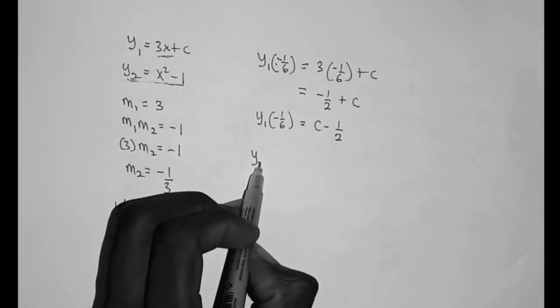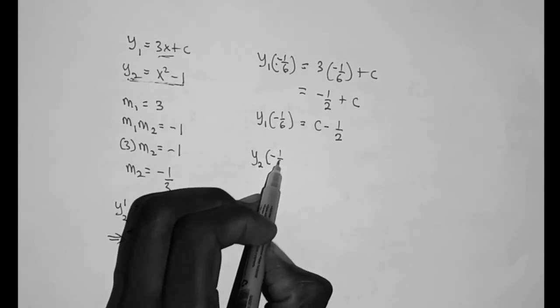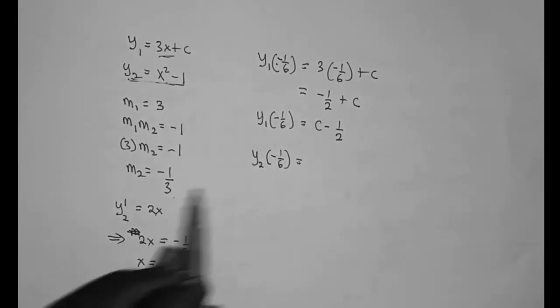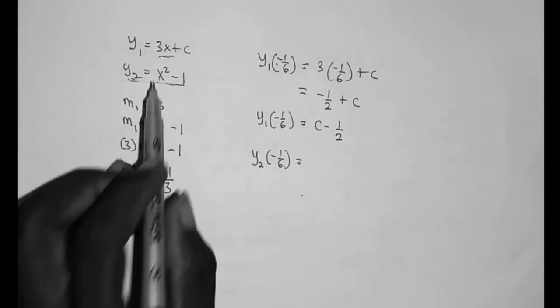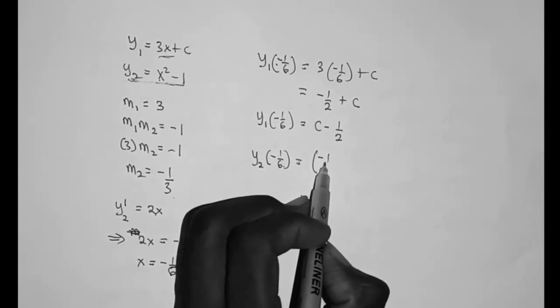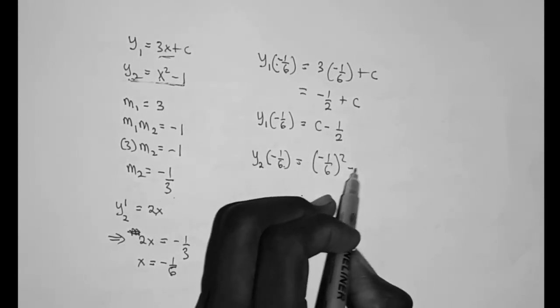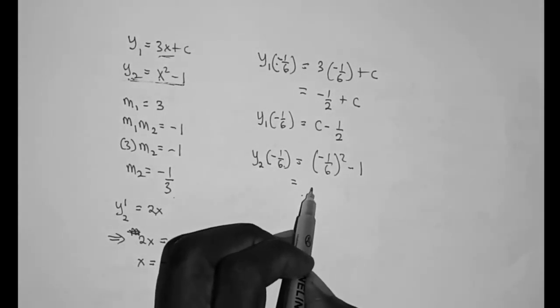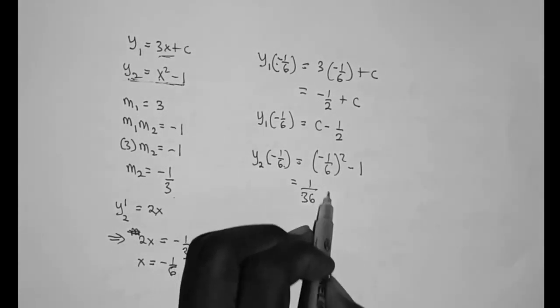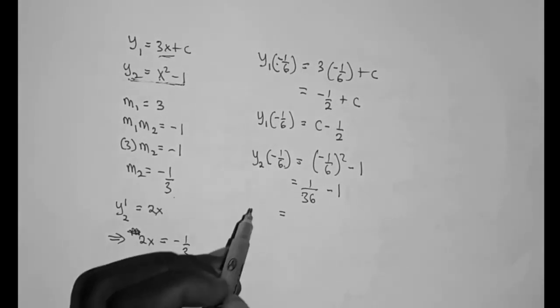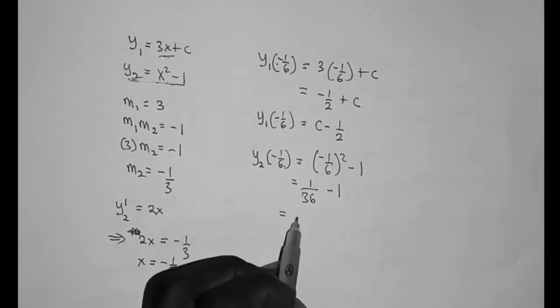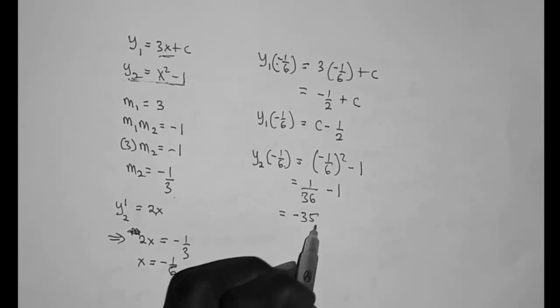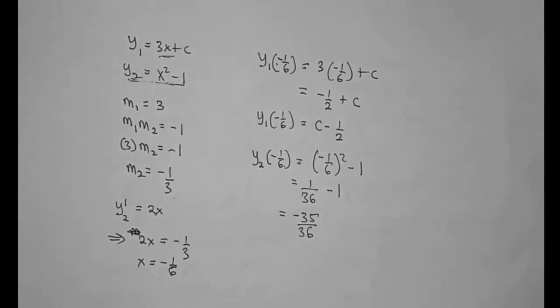Let's find y2 of minus 1 over 6, and this is equal to, we put it in this, which is minus 1 over 6 squared minus 1. Minus 1 over 6 squared is 1 over 36 minus 1. And 1 over 36 minus 1 is minus 35 over 36.